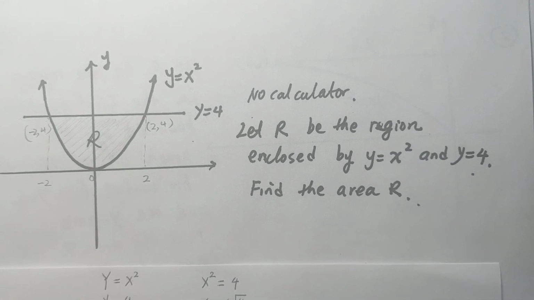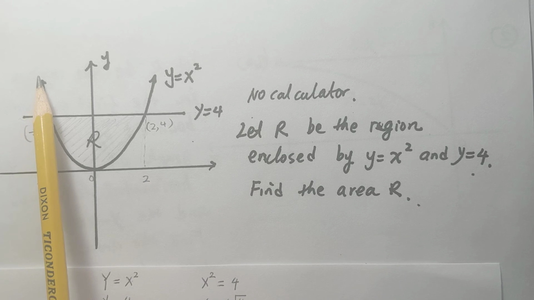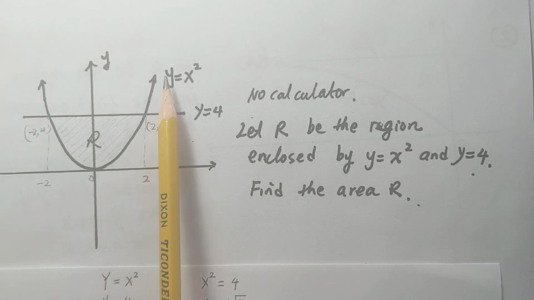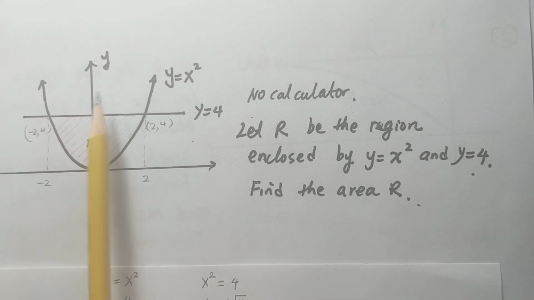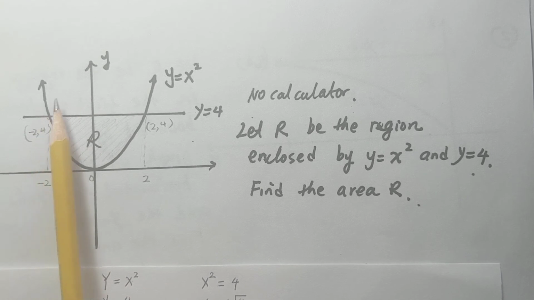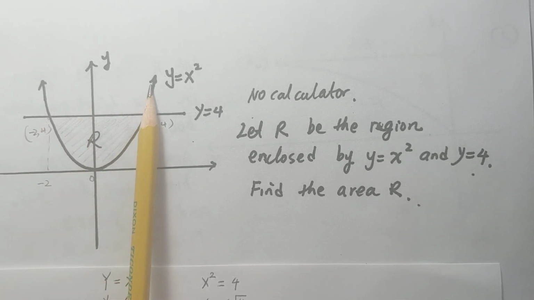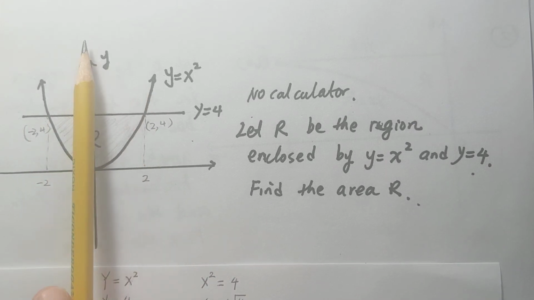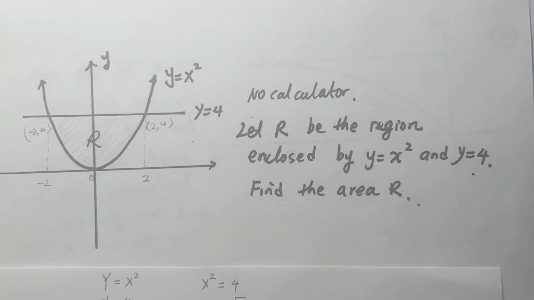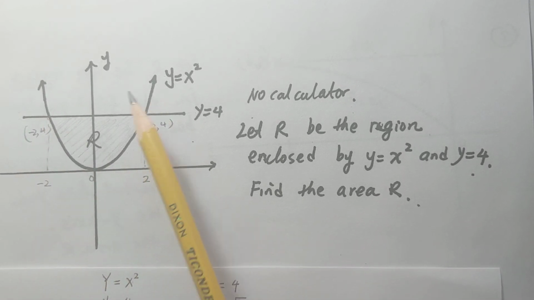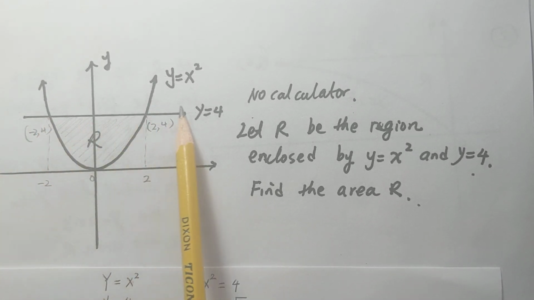So now you probably noticed something. The parabola y equal to x squared is an even function. So let's refresh our memory. The even function is going to be symmetrical over the y-axis, and the odd function is symmetrical over the origin. So this is an even function, and you have a horizontal line y equal 4.